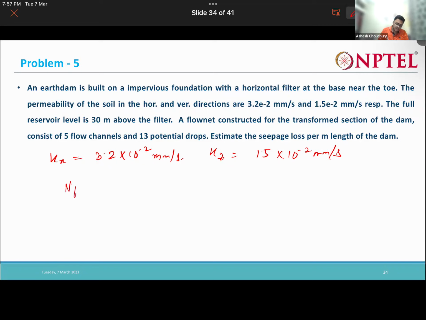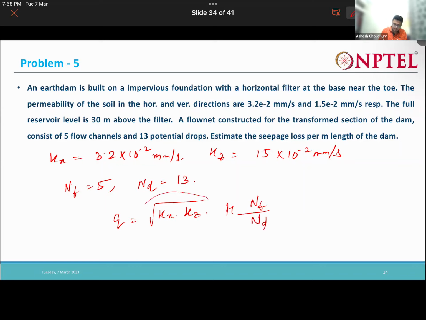So NF is 5 and ND is 13. Please tell me what relation we shall use for this one. Q is equal to square root of Kx into Kz, into H, into NF by ND.